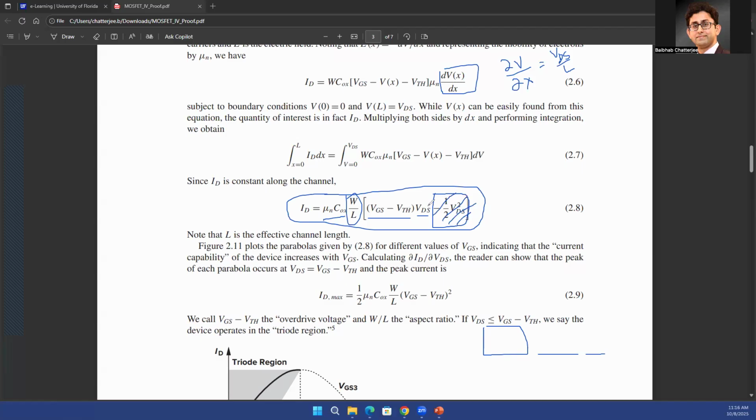That's exactly the same equation that we had written in the slides. So if your VDS is very small, this approximation holds true, and that's where you can reconcile what is written in the slides and what is written in the document over here. But if VDS is not very small, you have to consider that half VDS squared term. All right, so what does that tell us?